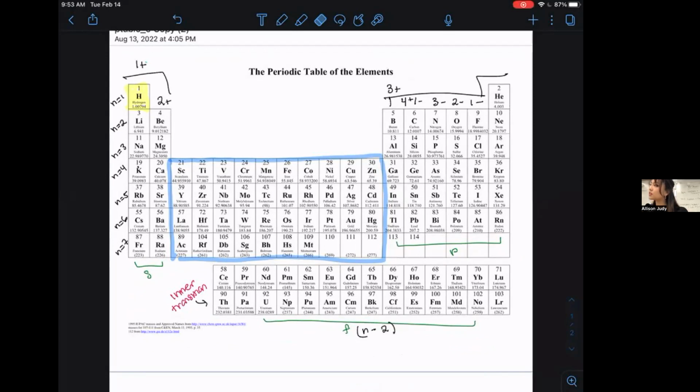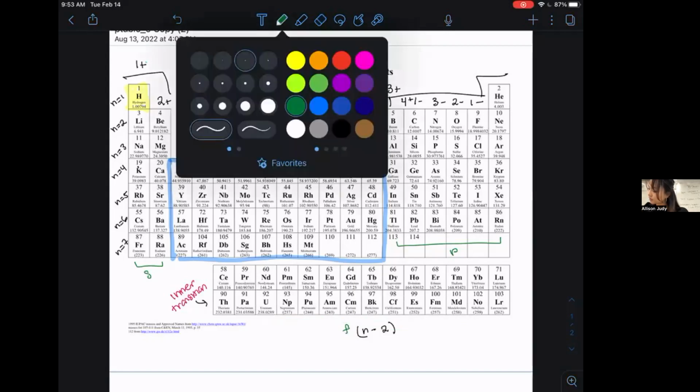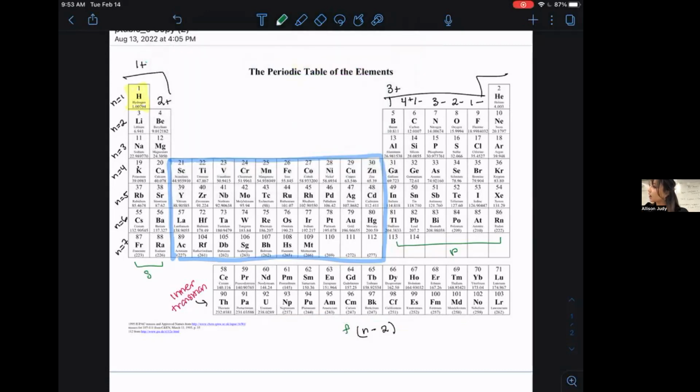Carlos? F block? Think about the max amount of electrons it can hold. F block is down here, these 2 rows. Right here. How many electrons can it hold based off of the box count across a row? 14. How many suborbitals do you think F block will have if it can hold 14? 7.